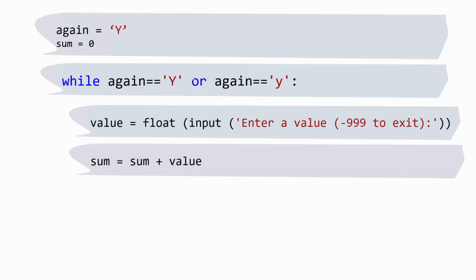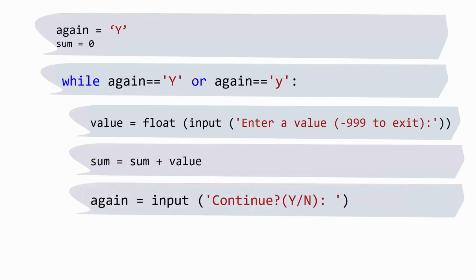And at the last step of the loop, you ask the user again, input yes or no. If the user inputs y here, the loop condition in line 3 will be true, so it will continue. He inputs yes again, and so the condition remains true.